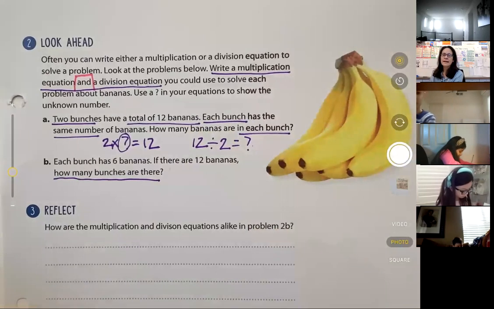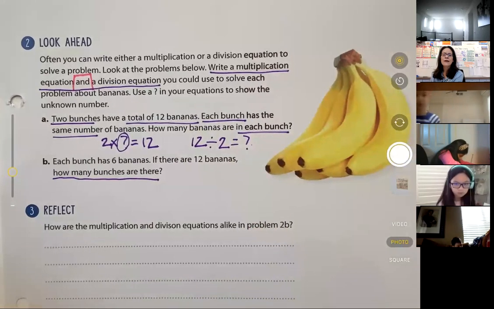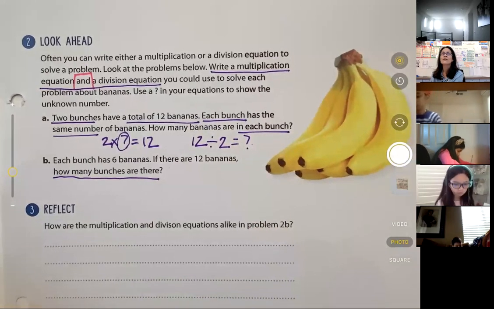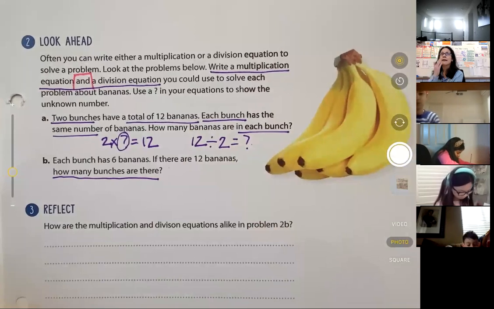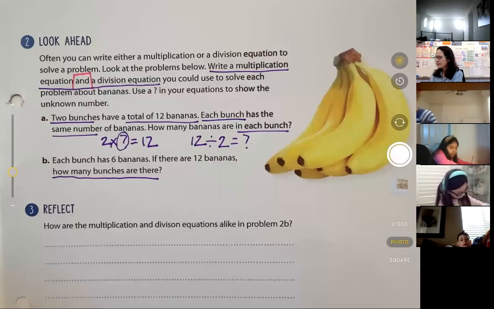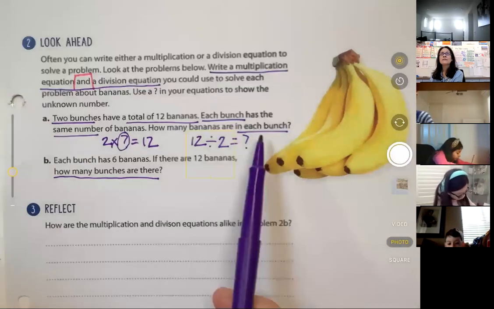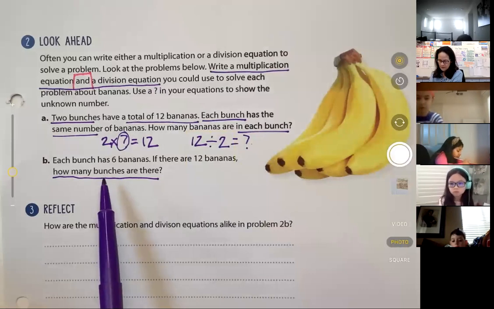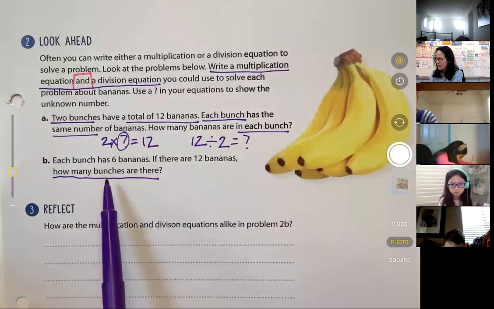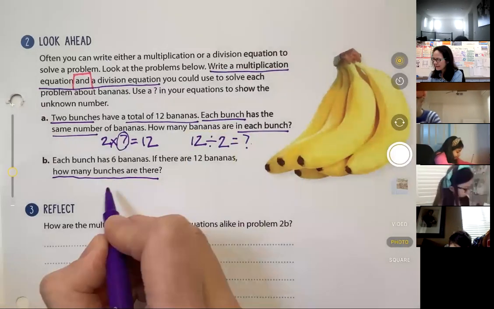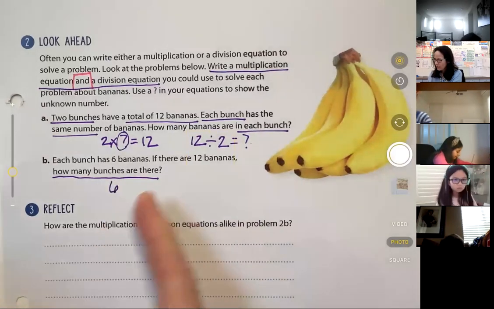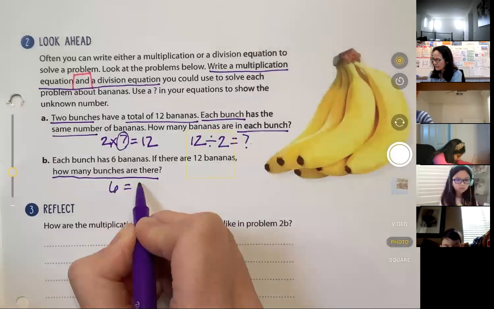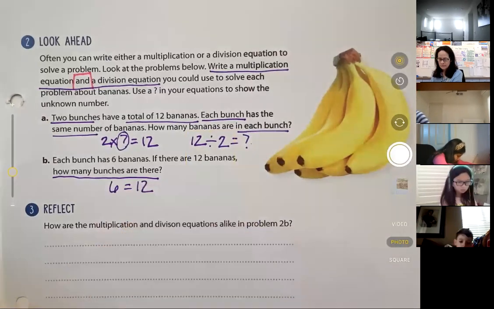Always close read, again, my friends, trying to figure out exactly what the question is asking of you. In A, I needed to know how many are in each bunch. In B, I need to know how many bunches there are. So I know that each bunch has 6 bananas. I know that there are 12 total bananas.